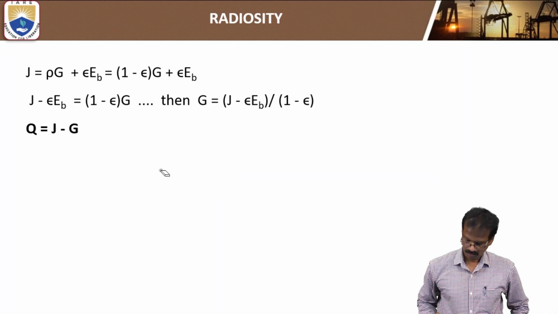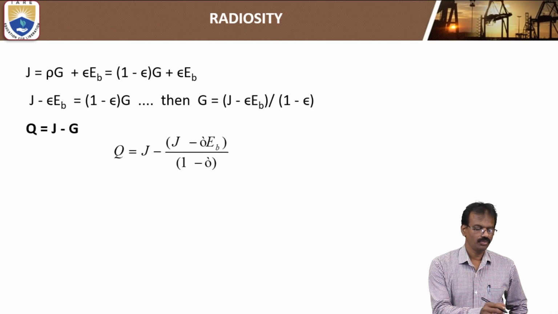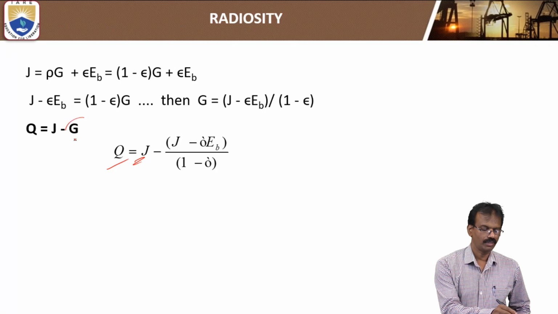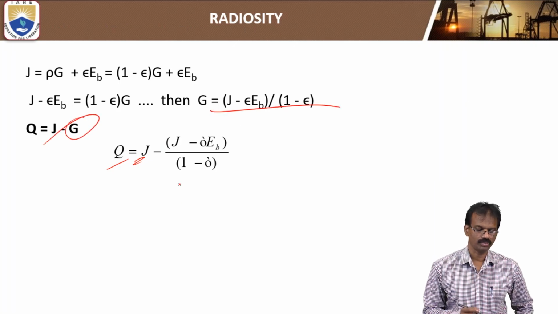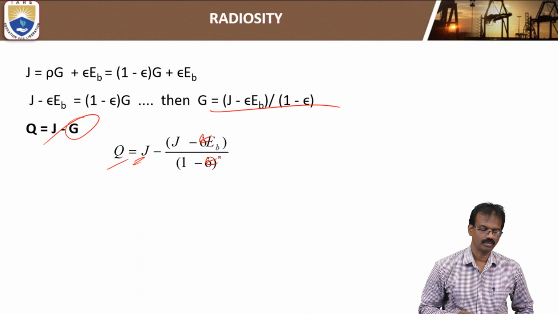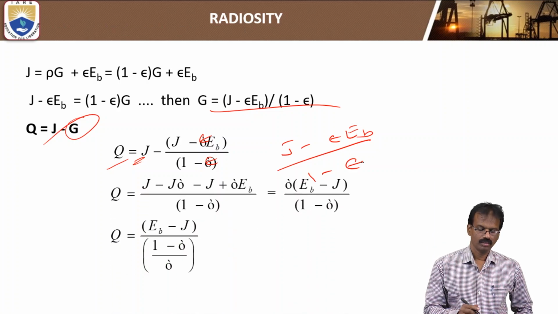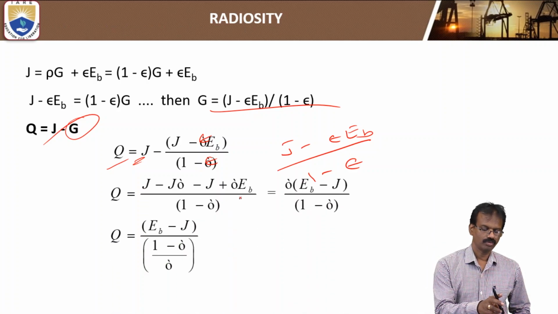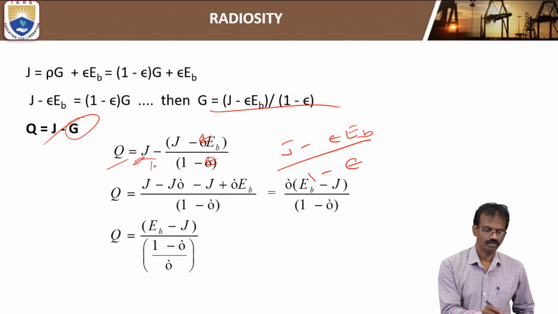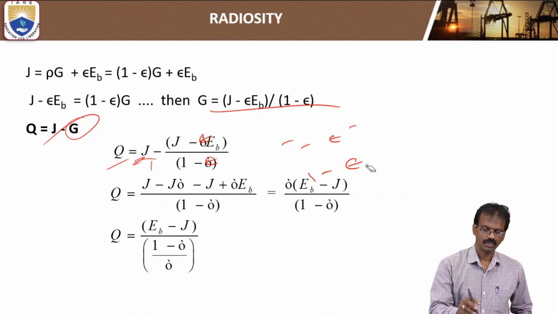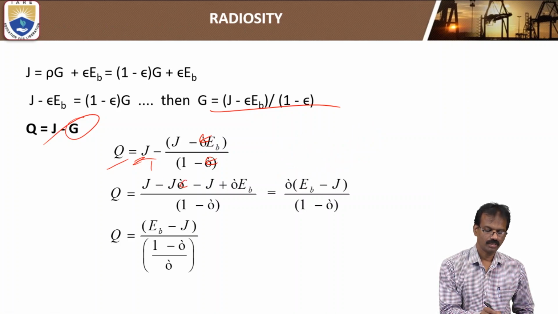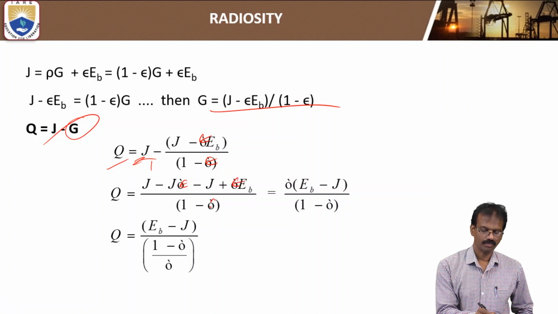You know that Q is equal to J minus G. Substituting the G value, Q is equal to J minus (J minus epsilon EB) by (1 minus epsilon). Taking the LCM and cross multiplying, we get J minus J epsilon minus J plus epsilon EB, over 1 minus epsilon.